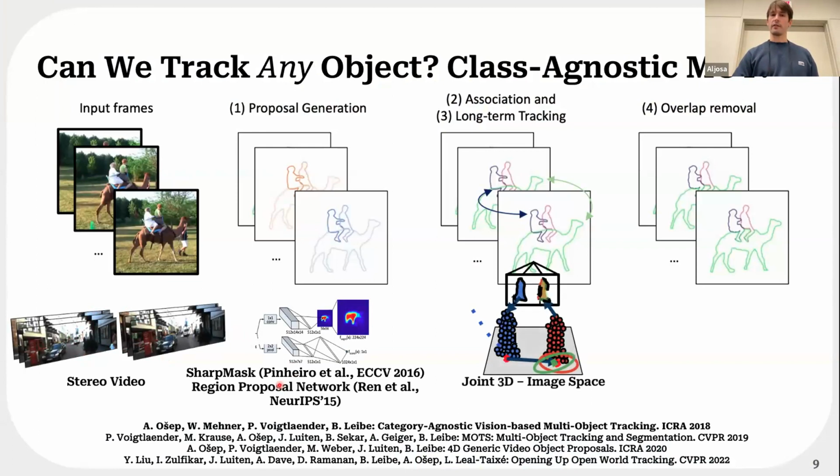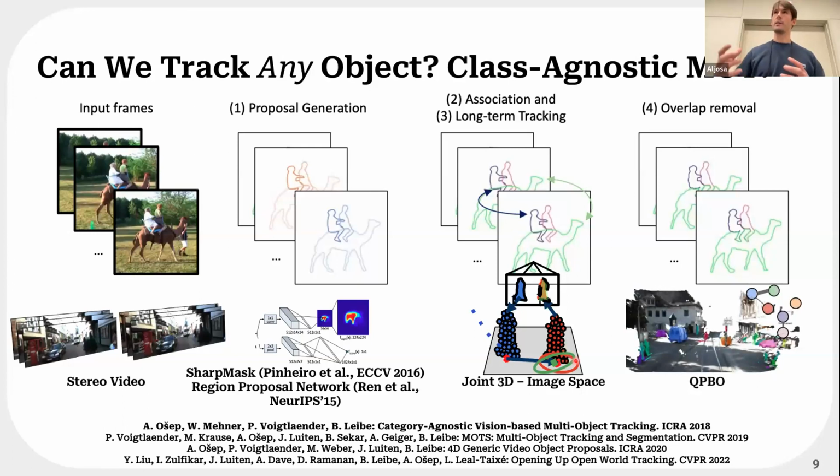And then we derived cues from stereo video to associate these object proposals over time and localize these objects in 3D. Of course, in the end, you end up with a 4D volume where you have a large number of object tracks that may also overlap. So we did some optimization in the end to do unique assignments of object identities to pixels in the video.